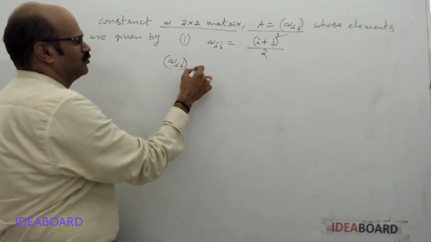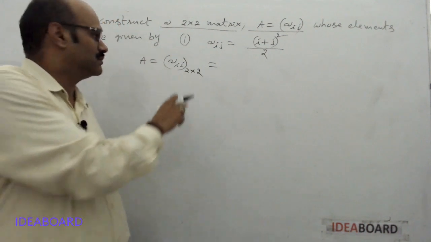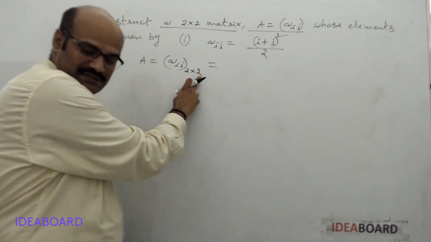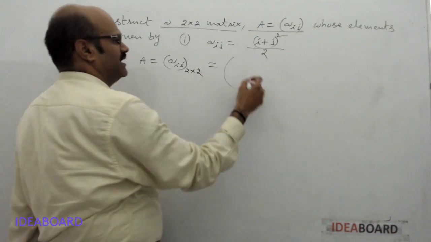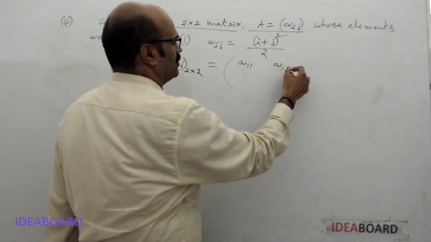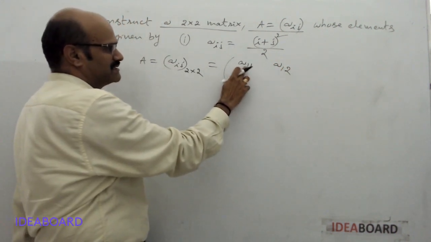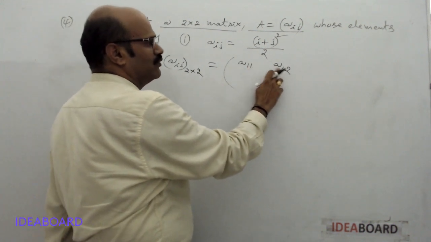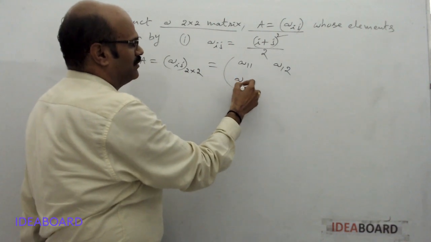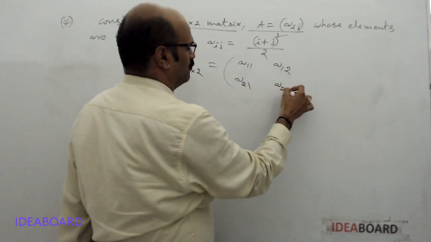Aij 2 cross 2 equal to, it is having 2 rows and 2 columns. Then the matrix is A11, A12. It lies in first row and first column, so we take it as A11. A12 lies in first row and second column, A21 second row and first column, A22.